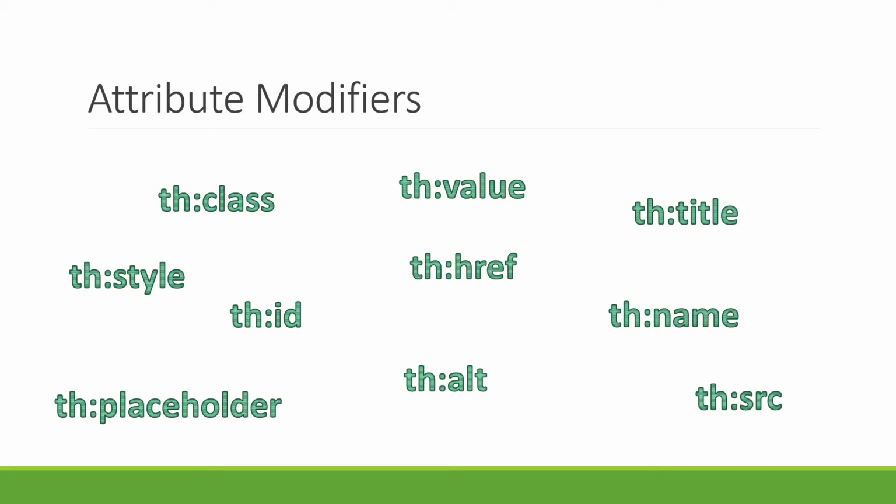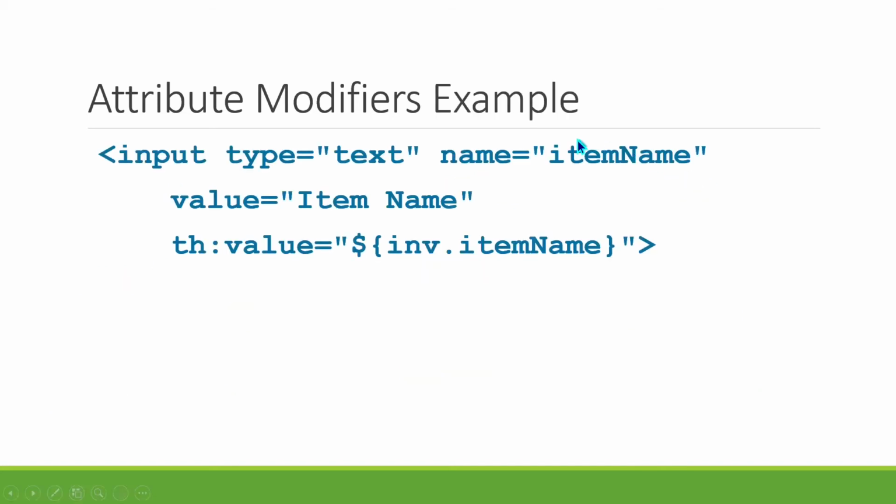But all of these attributes you can actually use as Thymeleaf attributes so that you can put Thymeleaf code in those attributes. For example, if you want to change the alt of an image or the title based on data that came from the server, just use the Thymeleaf version of the attribute. So for example, if I have a form element, like an input, and what I want to do is display the inventory object's item name in the value.